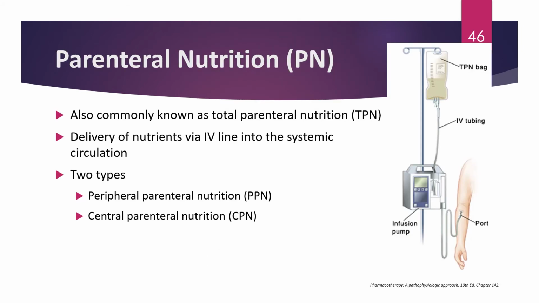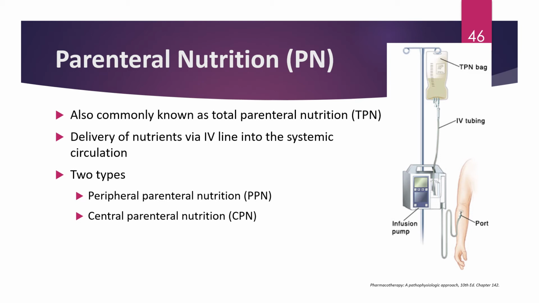So parenteral nutrition, or PN therapy, is also known as TPN or TNA. TNA is total nutrient admixture. TPN is total parenteral nutrition. TPN is all-encompassing of all parenteral nutrition. You might hear people say that.